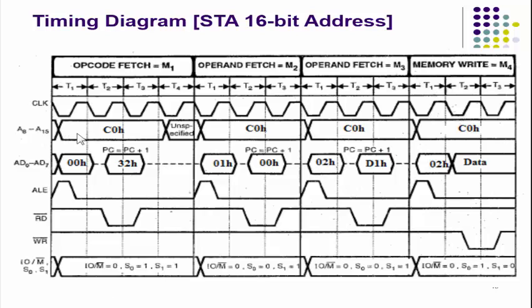So program counter holds the starting address of the program. Okay, so in the opcode fetch cycle, IO/M bar signal made low. Okay, S0 and S1 both are 1 which indicates opcode fetch machine cycle.